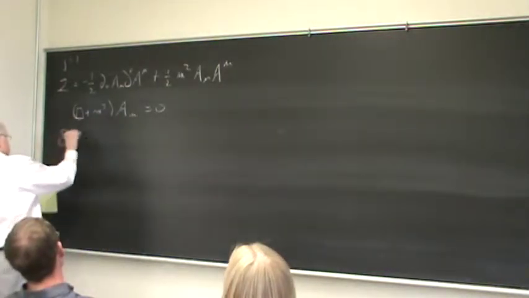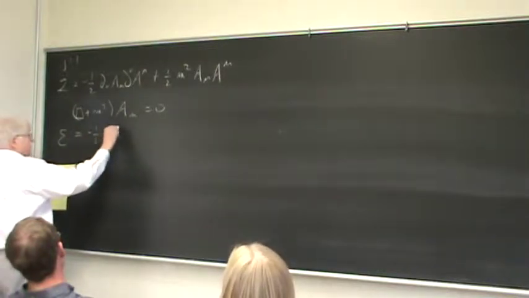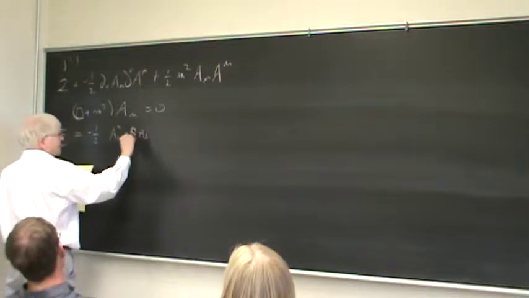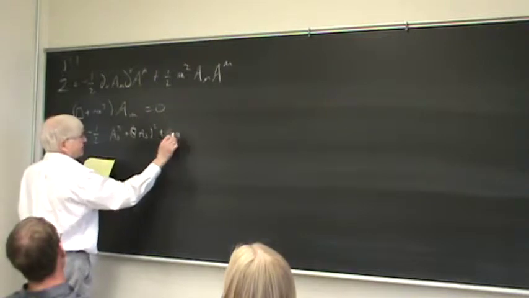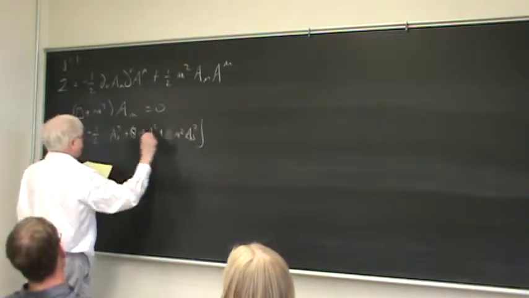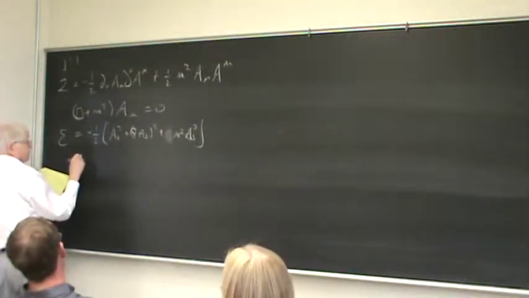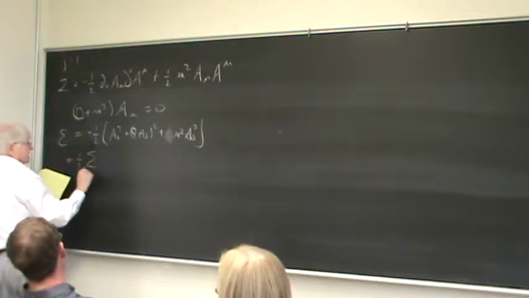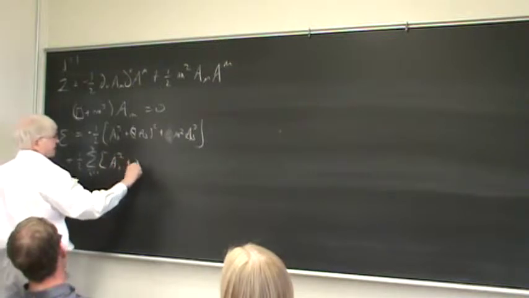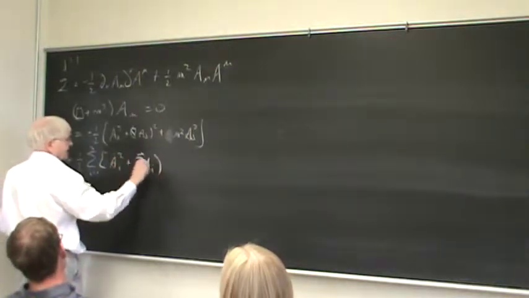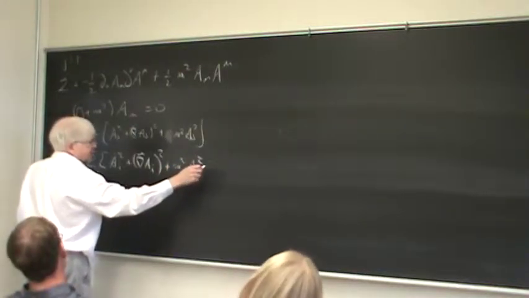And so the energy density would be minus a half a 0 dot squared plus grad a 0 squared plus m squared a 0 squared, and then it would be plus a half sum on i from 1 to 3 a i dot squared plus grad a i squared plus m squared a i squared.